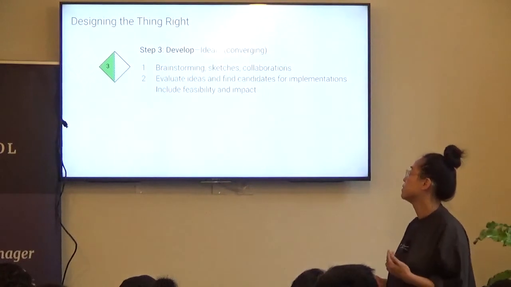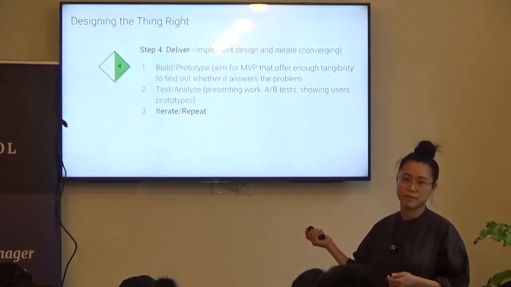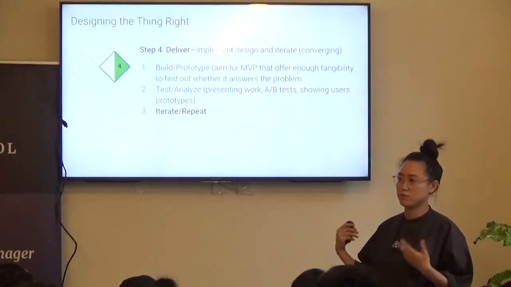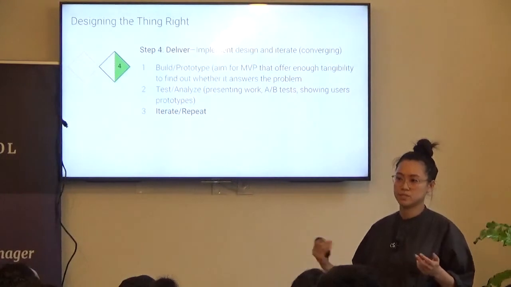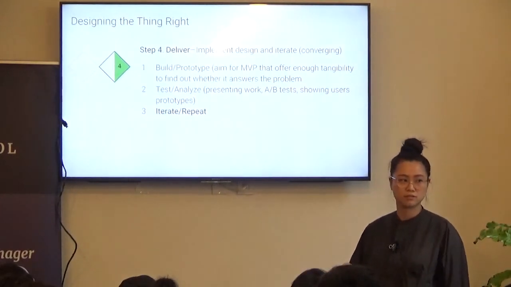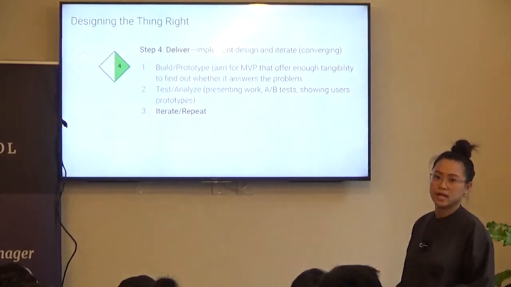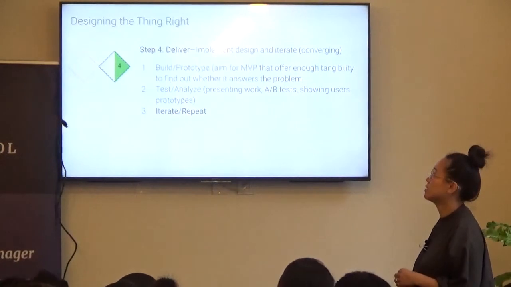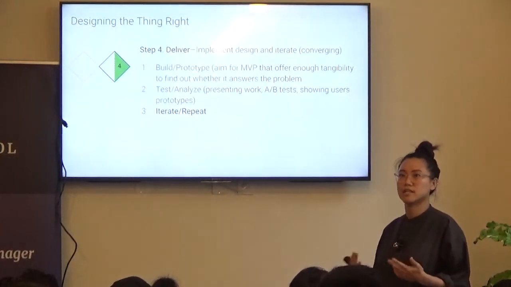Then once you find a couple of candidates, you do some high-def prototyping or high-def mock-ups, and you can do some hallway testing, which is testing with people at the office, or you go downstairs to Starbucks and just show people stuff and see what their reaction is. Depending on what you're trying to solve for, sometimes you're just trying to understand people.